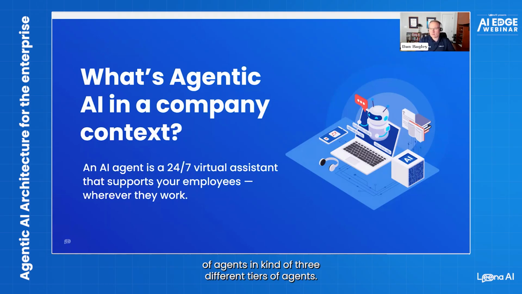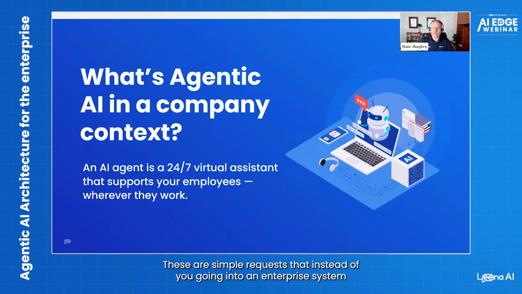Additionally, I think of agents in three different tiers, and some of this is a maturity curve question. As we get into architectures and solutions, we'll talk about that a little bit. Tier one of agents in the enterprise right now are relatively simple. It's please go do this on my behalf. It's a reactive request to a command. Open up a ticket, apply for time off, reset a password.